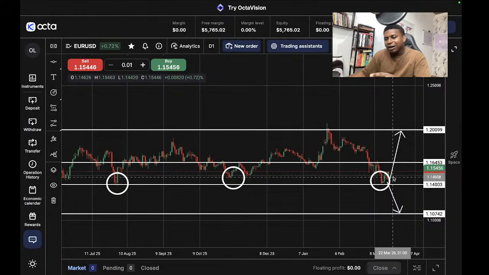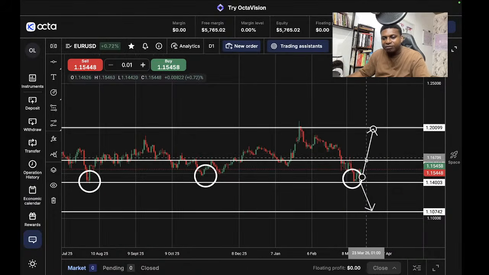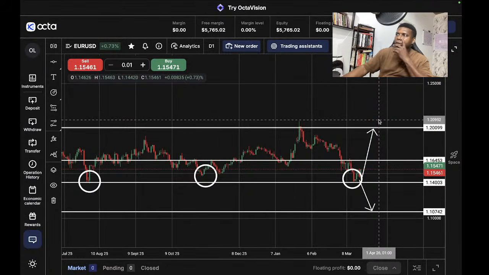So if price is going back here, the only confirmation that price will continue to go up is if it breaks out of that minor resistance zone. Whatever makes price break out of it, there will be a continuous ride in price. This is very, very important for us to know.